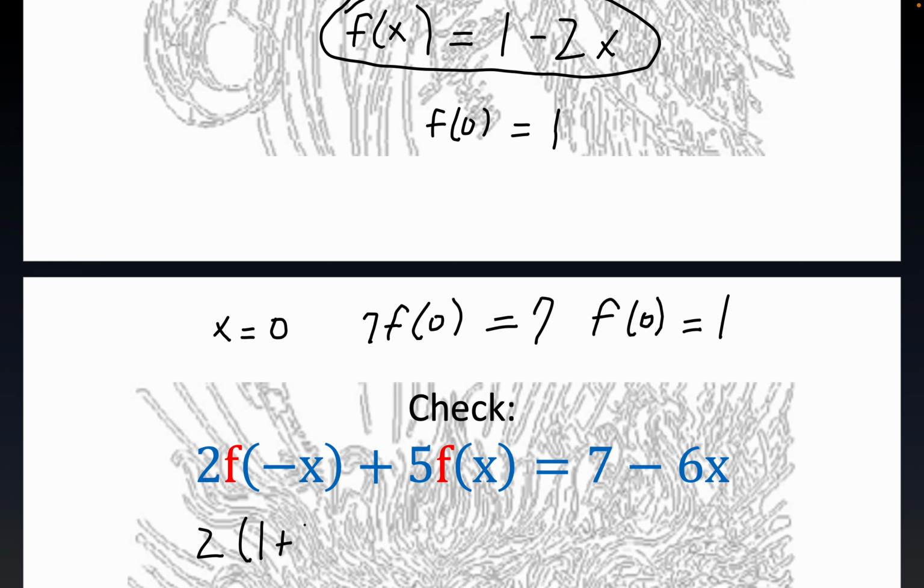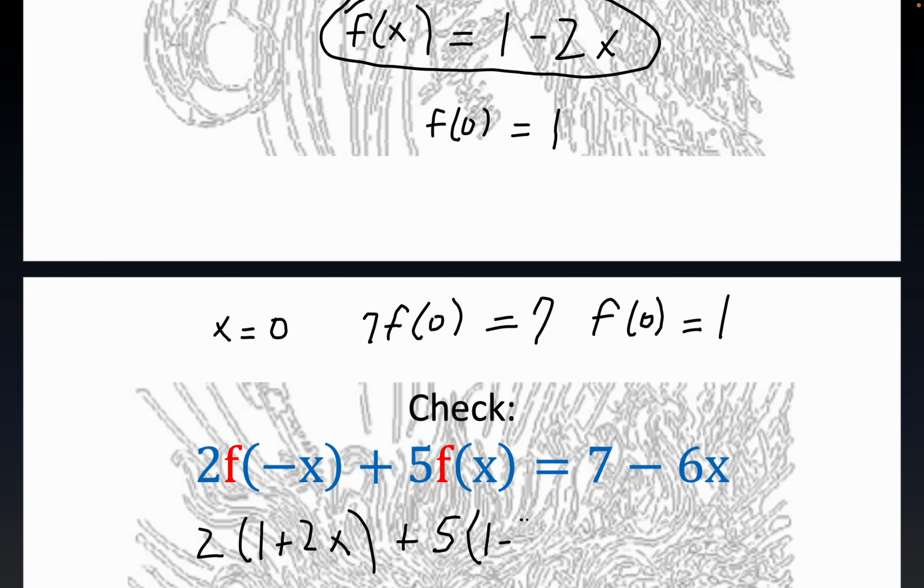And y'all, what I'm doing is just establishing that we didn't make any mistakes. This is just all reversible stuff. So this is 2 times 1 plus 2x, because if you put a minus x right here, this becomes a plus, right? Okay, and then we have plus 5 times 1 minus 2x.